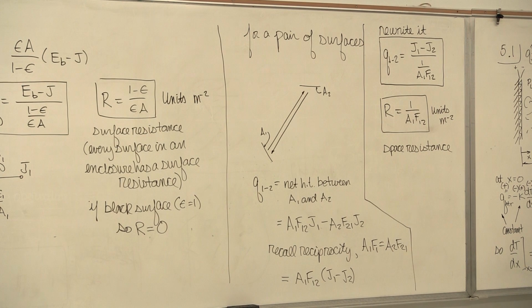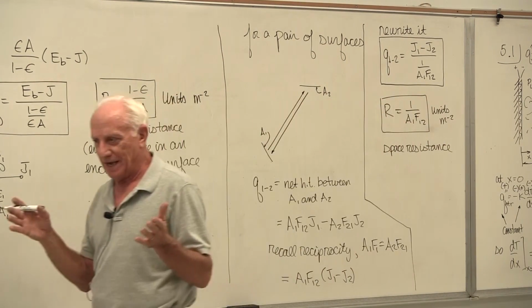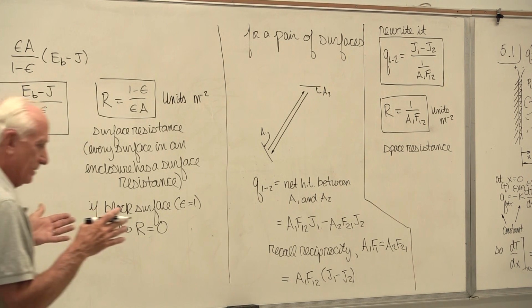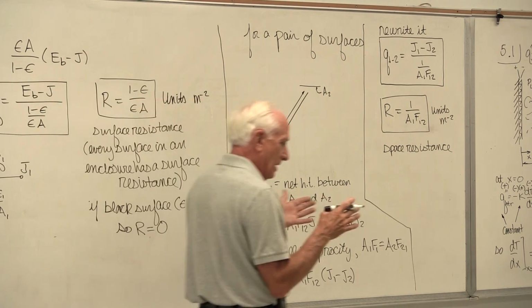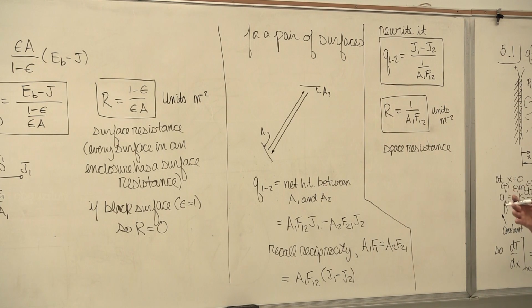Not because it's in outer space. It's because its value depends on the space between the two objects. Its value depends on the view factor, and the view factor depends on how one surface sees another surface: its geometry, its orientation, how far apart they are. So it's called the space resistance. It's a function of how far they're spaced apart.